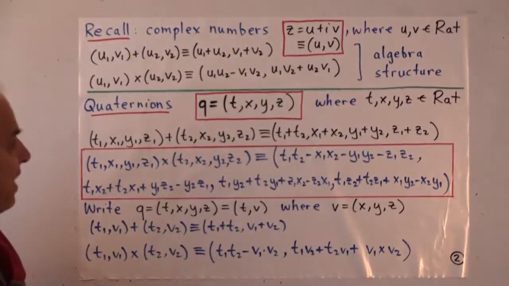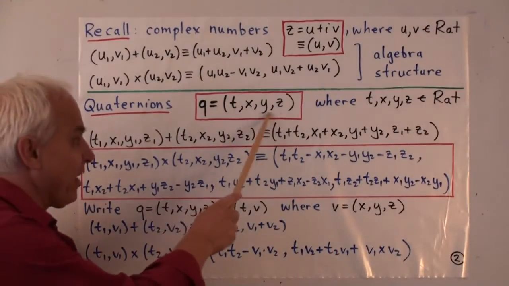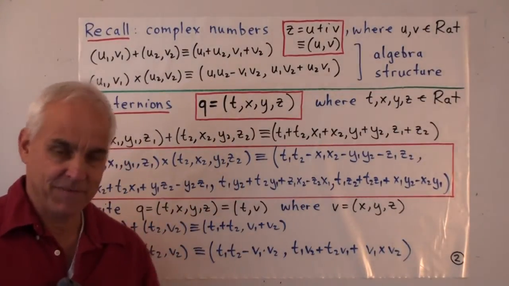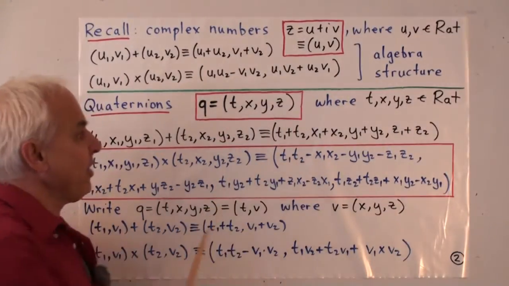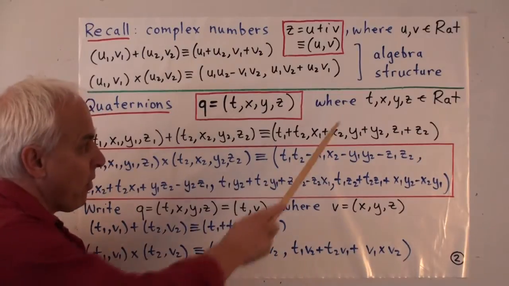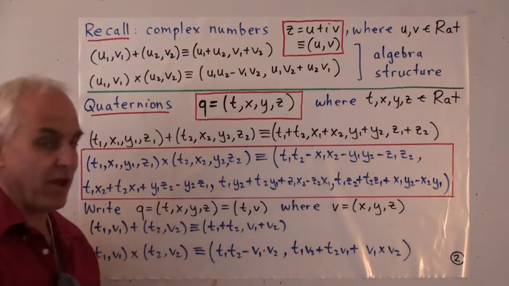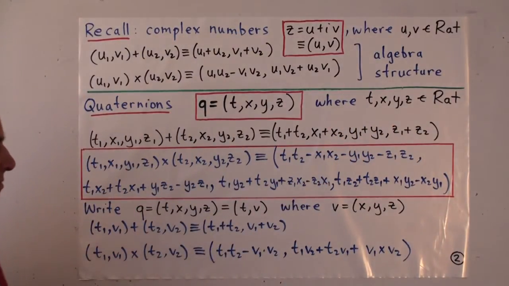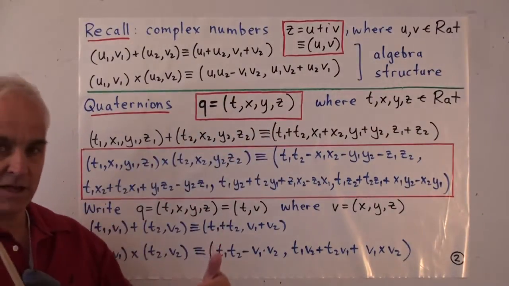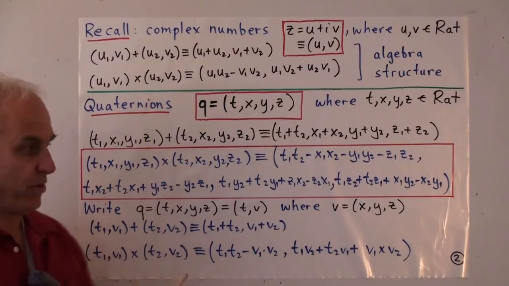But instead of having ordered pairs of numbers, we're going to have ordered quadruples of numbers. So we're looking at, say, a vector whose components are t, x, y, and z, where all these numbers, t, x, y, and z, are all rational numbers for us. So that's what a quaternion is. It's just a vector with four components.